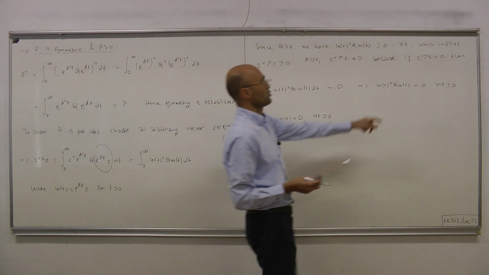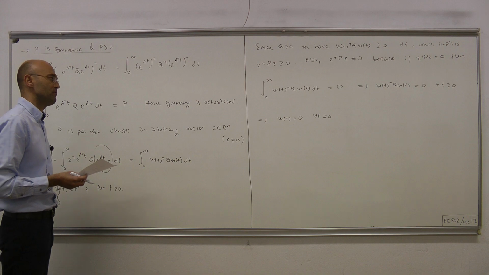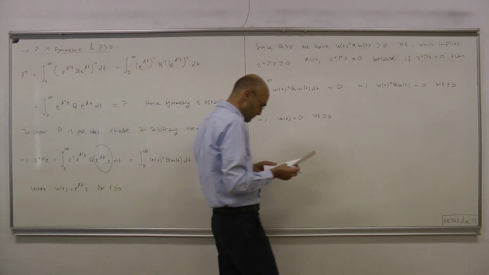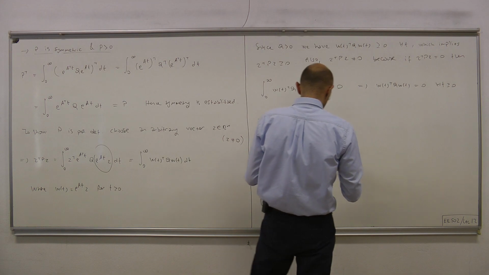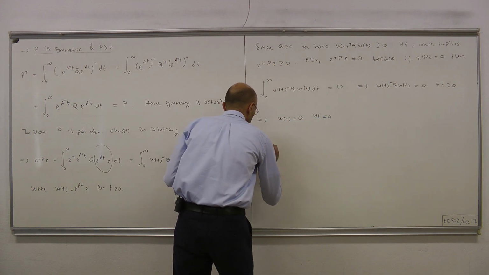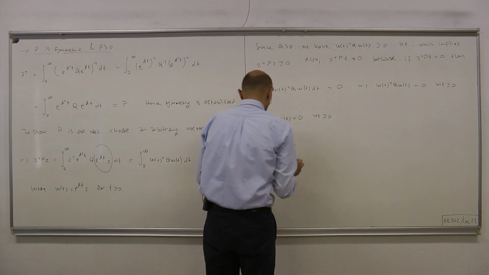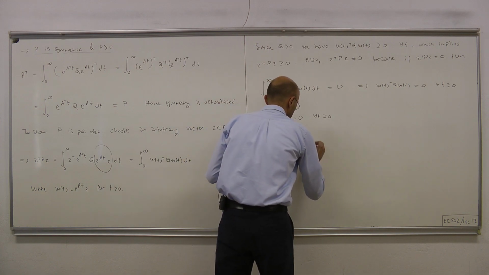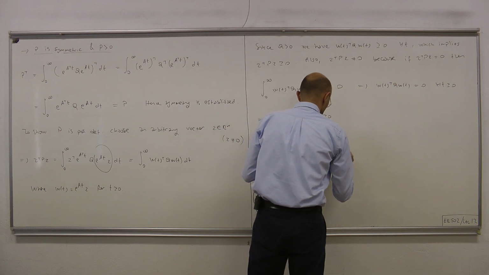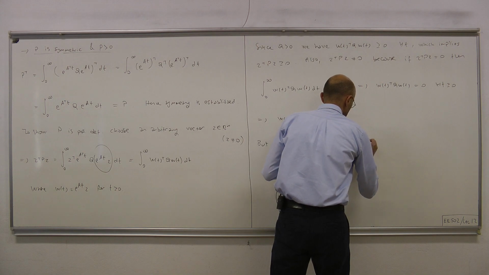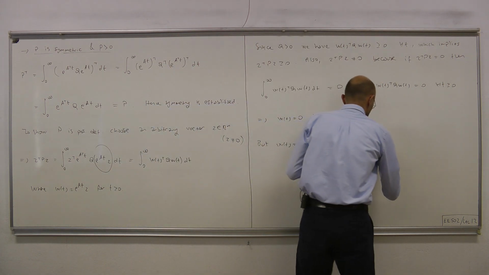Hence, z transpose Pz cannot be 0. It must be a positive real number. Let me write what I just said. w of t equals e to the At times z. So that implies w of 0 equals e to the A times 0 times z.